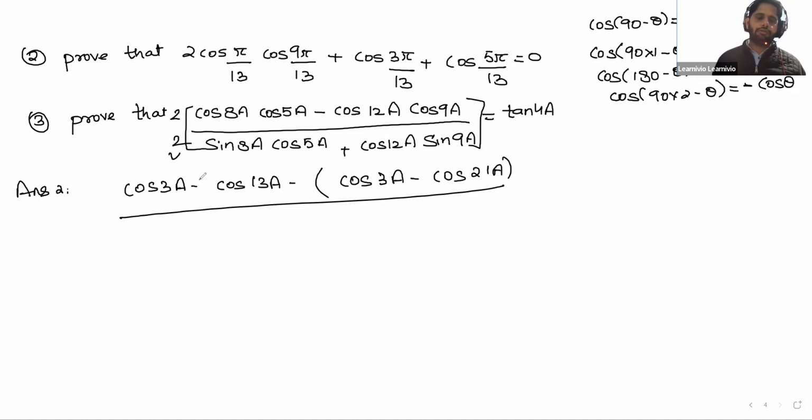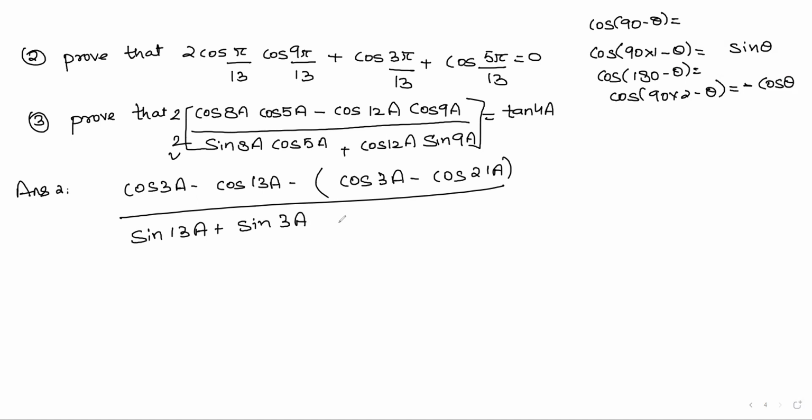In the denominator, 2 sin a cos b gives sin(a plus b) plus sin(a minus b). For the first one, will it be minus cos 13 or plus cos 13? Sorry, this is plus.